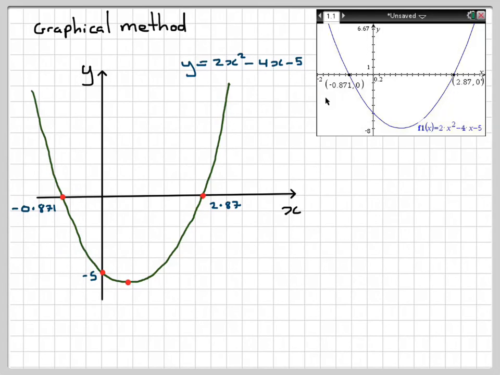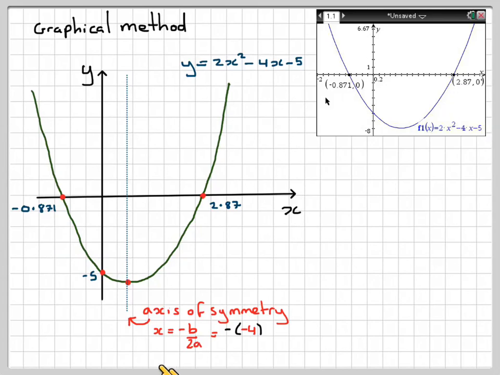Some other properties of a quadratic graph, which are not pertinent to this question, but might help you understand it a bit better: there's always a line of symmetry, which goes through the vertex at the minimum point of this one. You can always find the vertex by doing x is minus b over 2a. In this case, it would be minus 4 over 2 times 2, so x is equal to 1. So this is the line x is equal to 1.